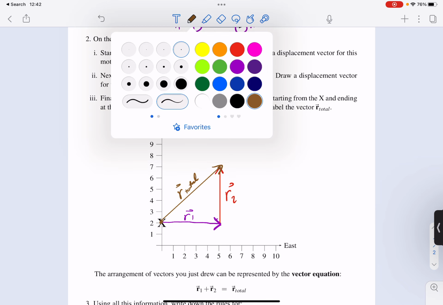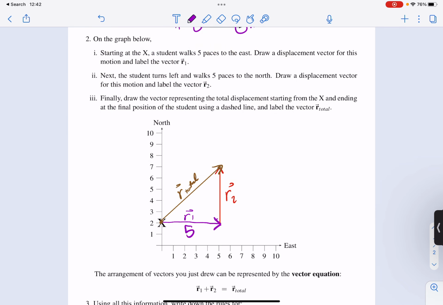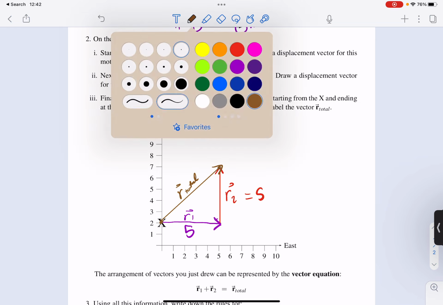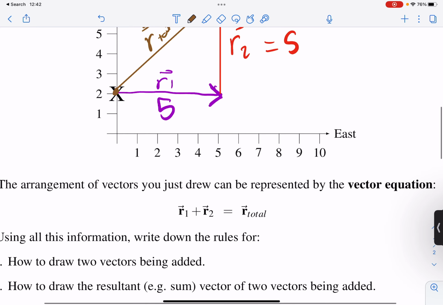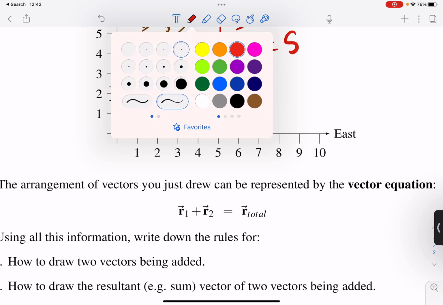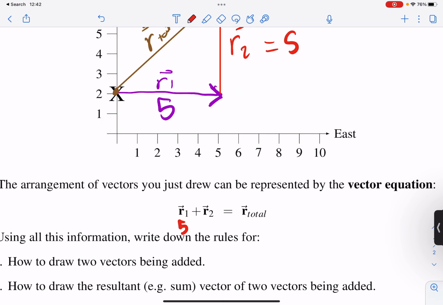So we know the length of the first one was 5, and we know the length of the second one was also 5, right? So what does that make our total? Now, this would be if we add R1 plus R2.